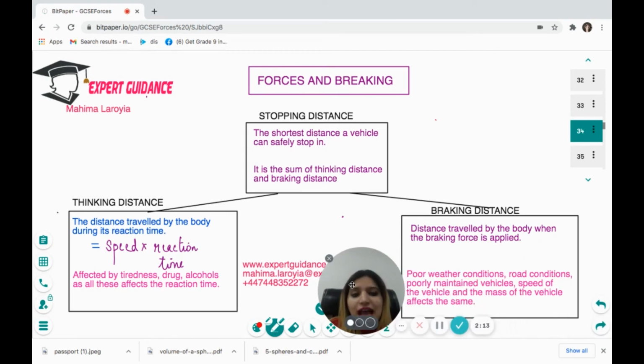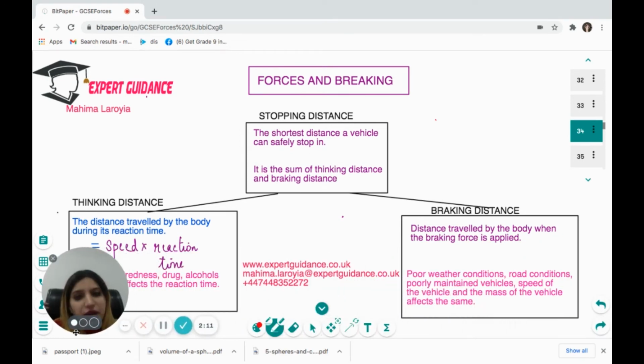Now let us look at forces and braking. What is forces and braking? When you're driving a car and you see some object coming in front of you, you first think what it is, then you apply the brake. The distance your body travels after applying the brake is the braking distance, and the distance traveled while you think and react is the thinking distance.